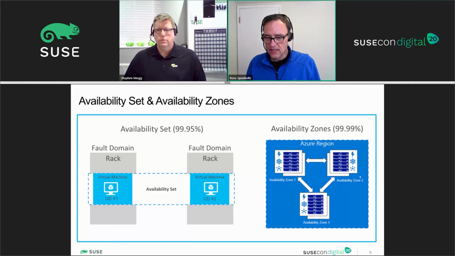Then more recently, we've come out with what we call availability zones, and those are really collections of data centers in a given Azure region. And so the availability zones, we generally structure having 3 availability zones in a region, and those zones do not share any common infrastructure.